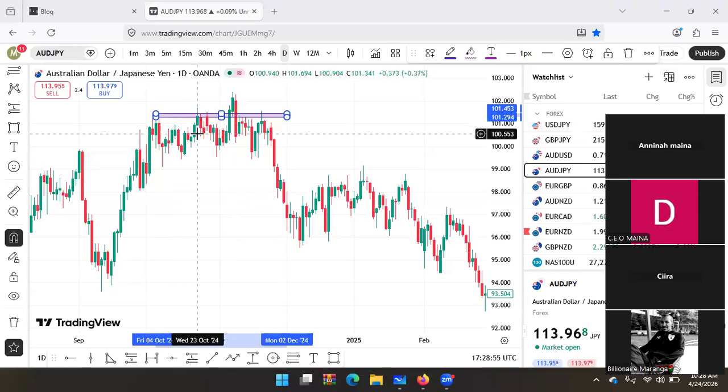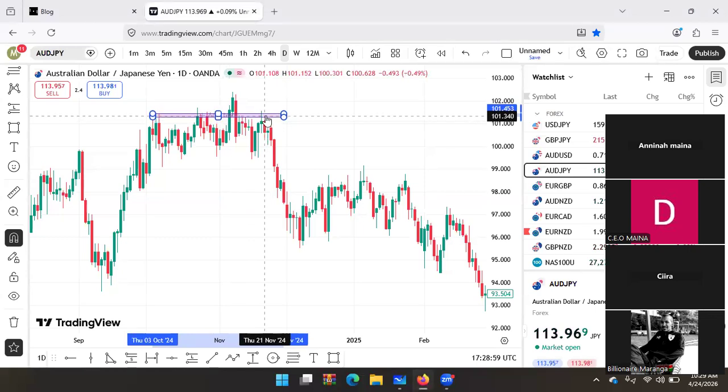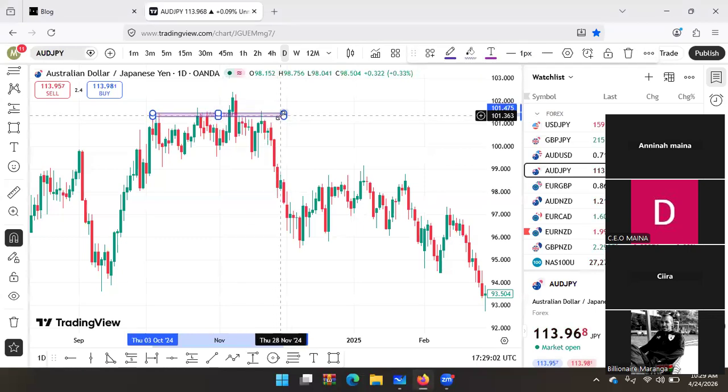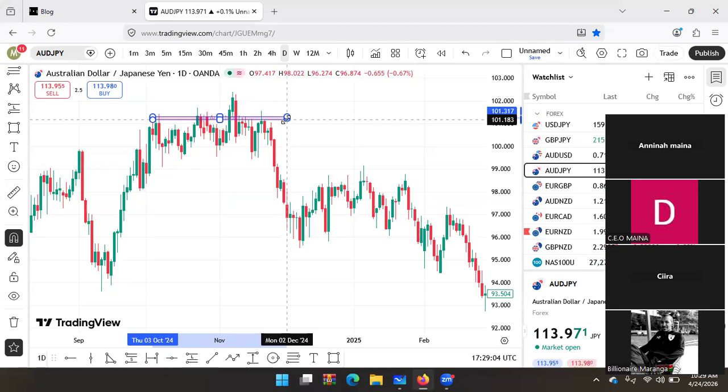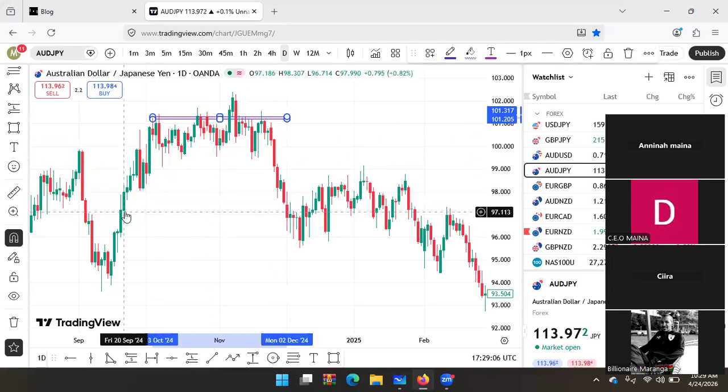So this is a head and shoulder, where this is a confirmation of the first touch.